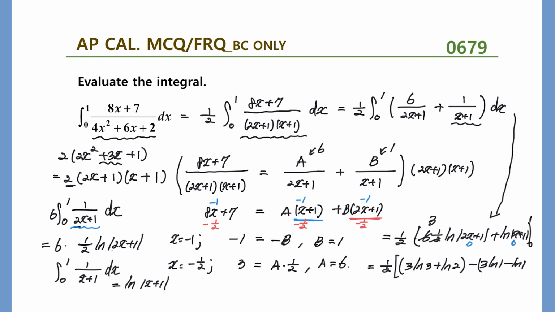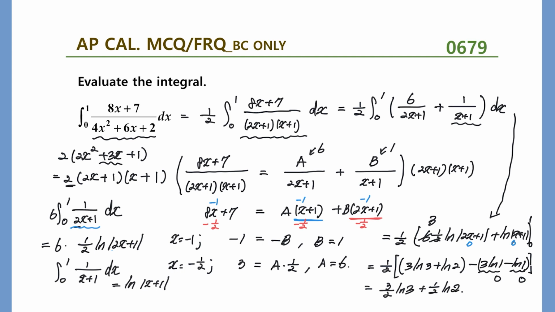Minus natural log 1. So this is a 0, this is a 0, right? So that is equal to 1/2 times 3 times the natural log 3, actually we can write 3 over 2 natural log 3 plus 1 over 2 natural log 2.